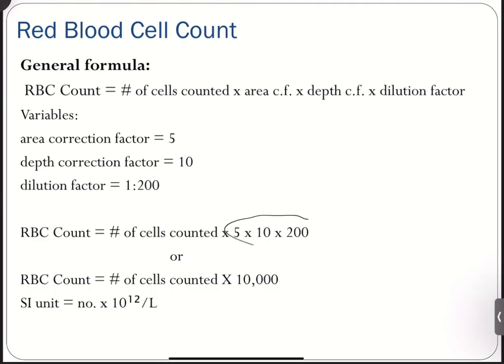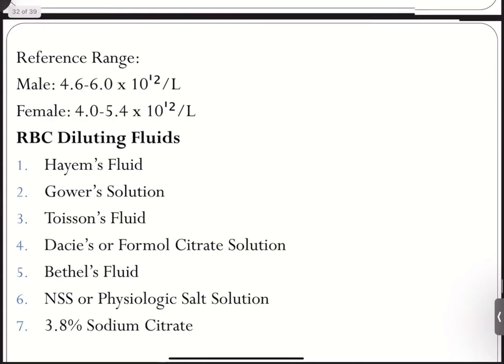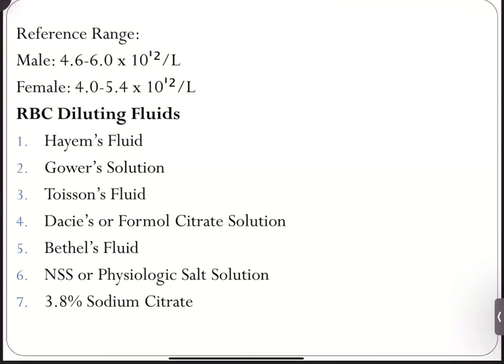The SI unit is 10 raised to 12 per liter. The reference range for RBC count is 4.6 to 6.0 times 10 raised to 12 per liter in males, while for females, 4.5 to 5.4.